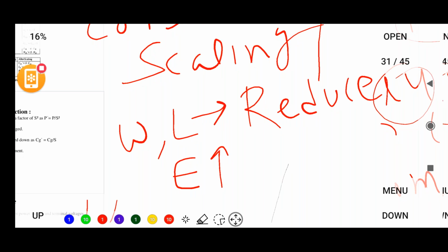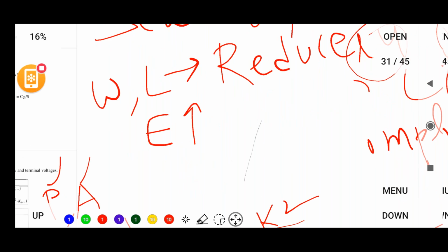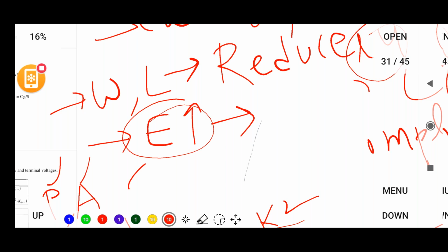So how to control this electric field, how to keep it constant? If your W and L values are reduced, your electric field is increased. But my requirement is that my electric field is not changed, even though my W and L values are changed. I think you understand what my objective is.